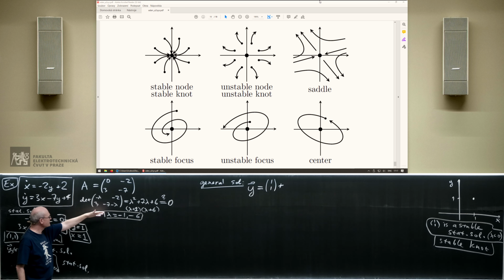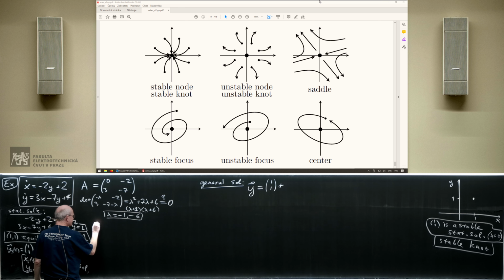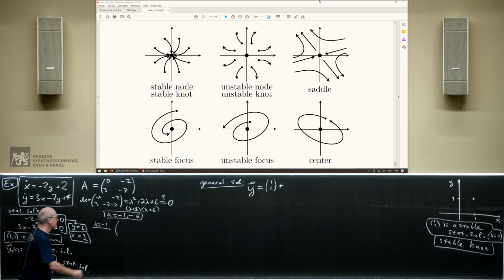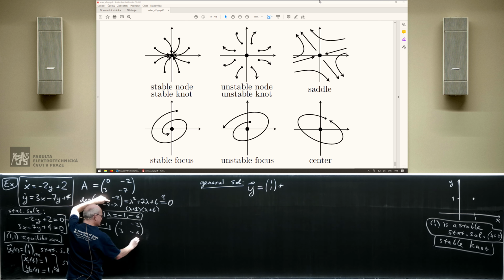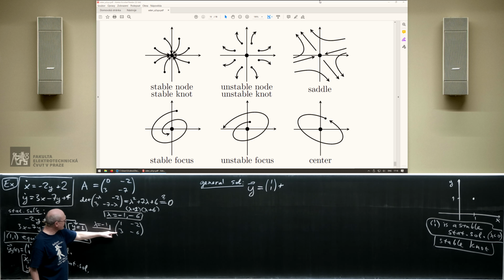So we go to lambdas, we find eigenvectors, we put it together. No big deal, in fact. So when lambda is -1, then I put -1 for lambda here, it becomes 1, -2, 3, -6. Now the second row is triple of the first one, which is okay, that's how it's supposed to be. It's supposed to be singular, so probably I did make a mistake so far.